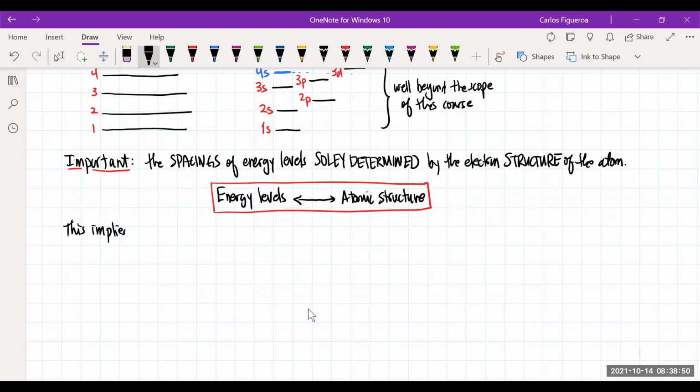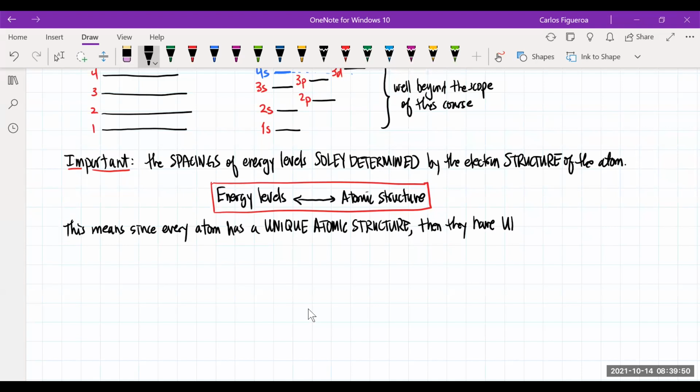This means that since every atom has a unique atomic structure, then they have unique energy levels.